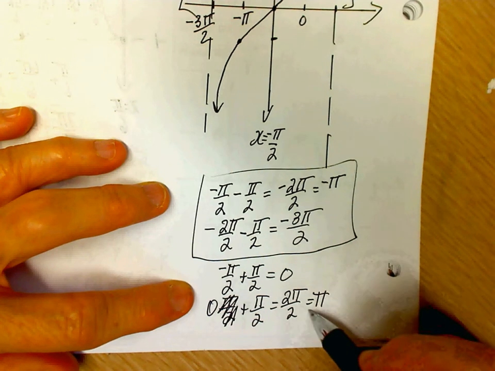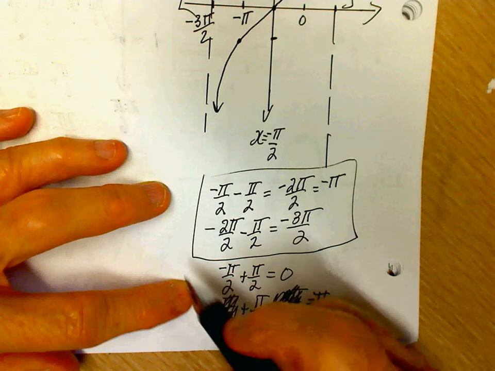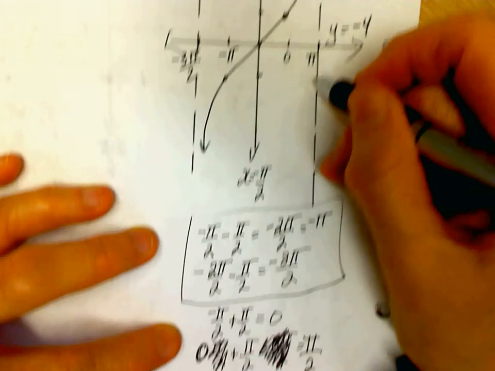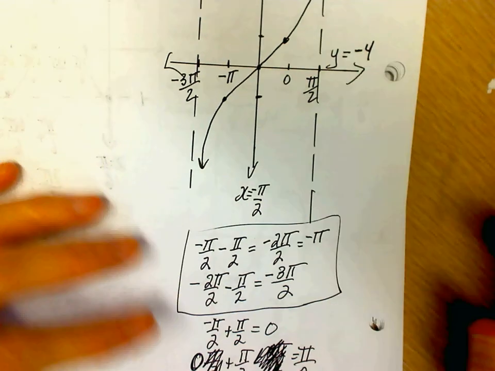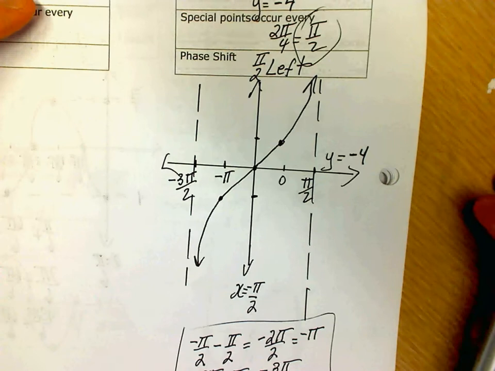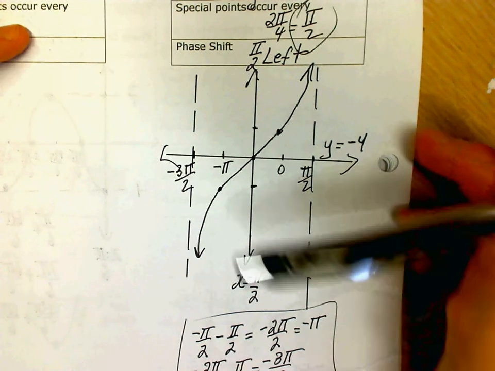Ignore that. My bad. Thank you for pointing that out. So this is pi over 2. That's it. Uh-oh. We got to get this point and that point.